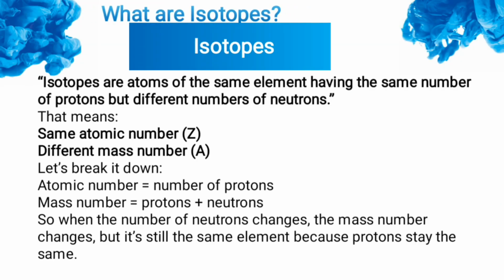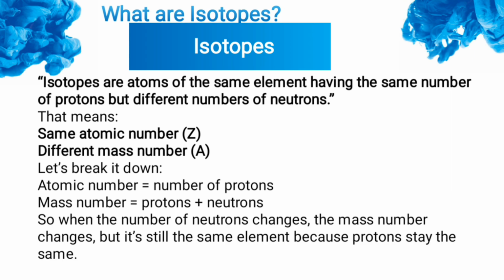What are isotopes? Isotopes are atoms of the same element having the same number of protons but different numbers of neutrons. That means same atomic number but different mass number. Let's break it down.